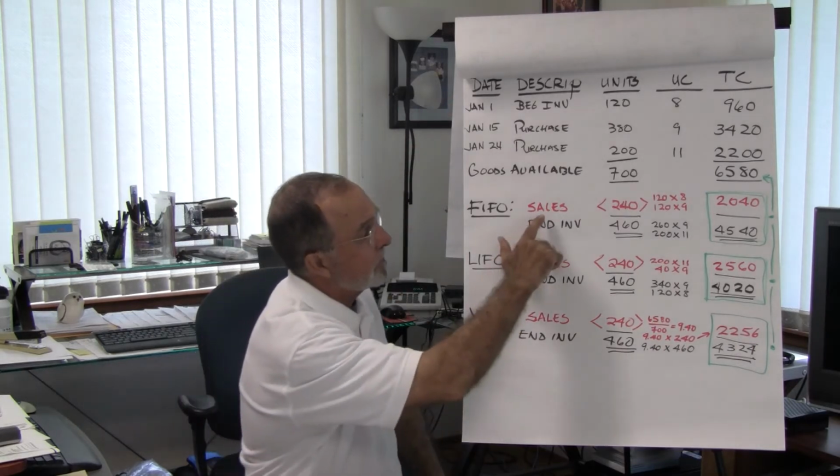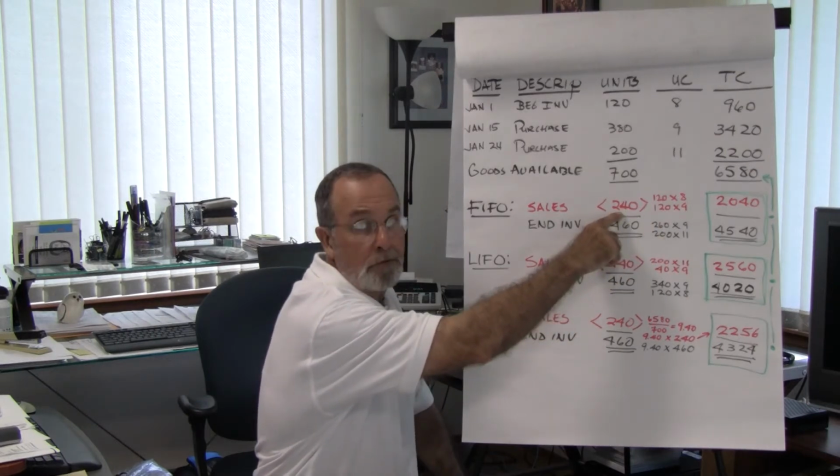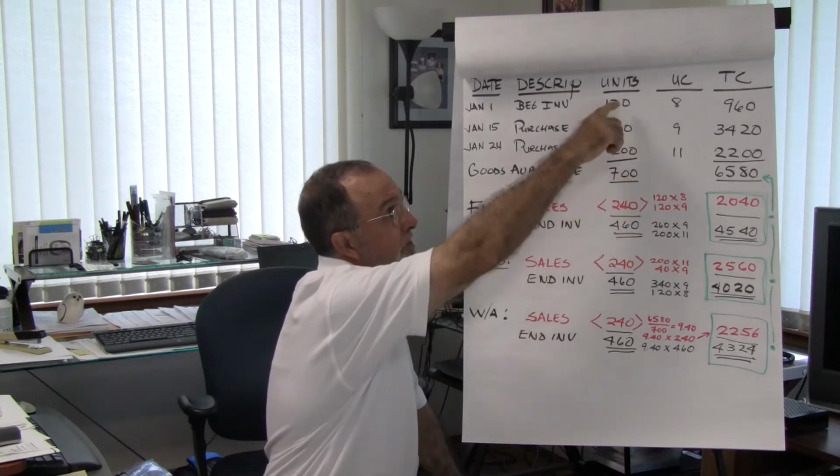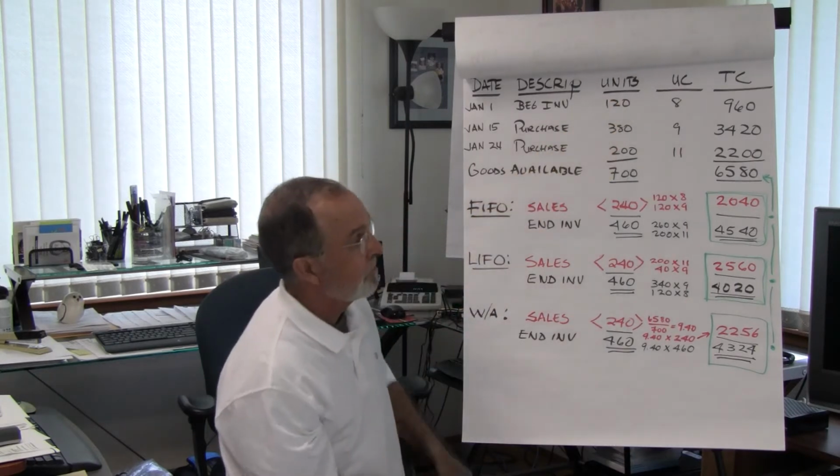So when we calculate the cost of the 240 units sold, we go to the very top and start counting our way down.